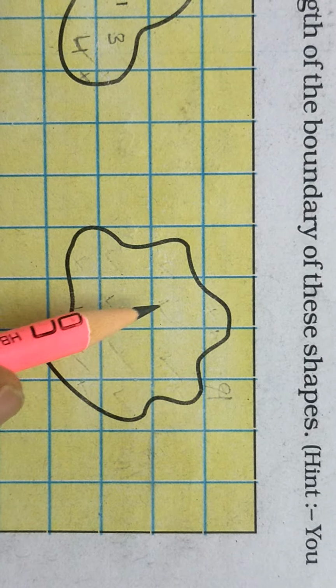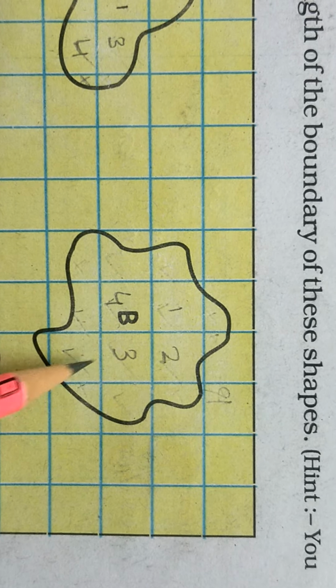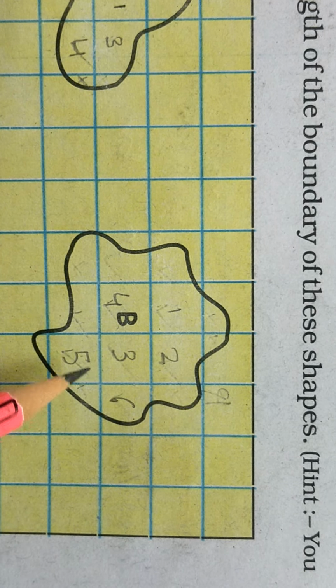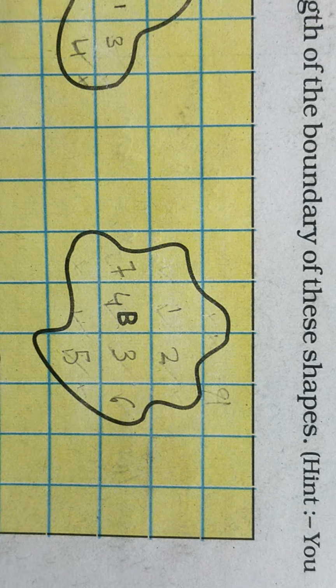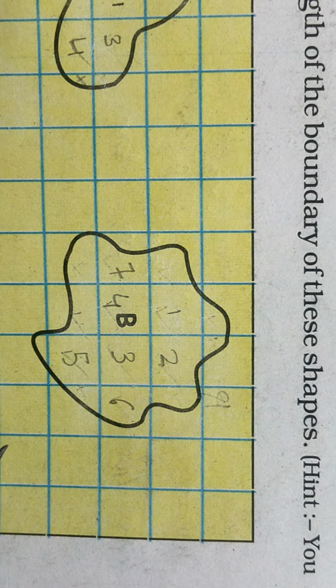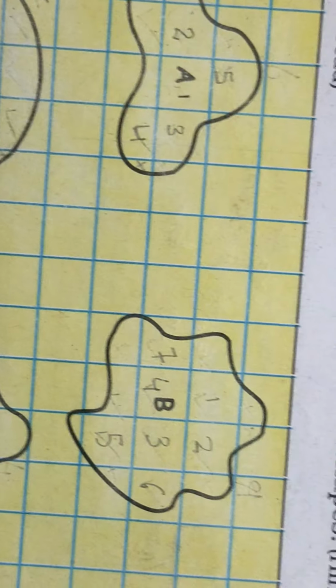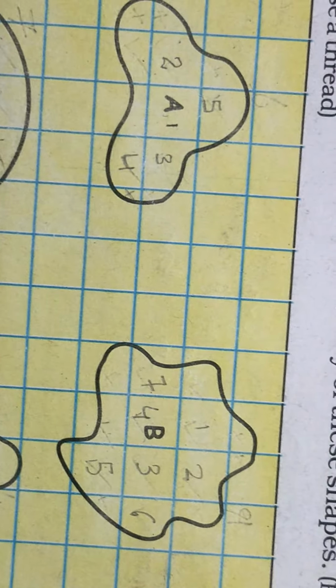Then let's see about B. So how many squares are here? 1, 2, 3, 4, 5, 6 and this one is the 7, right? So the total number of squares is 7 here. Okay.